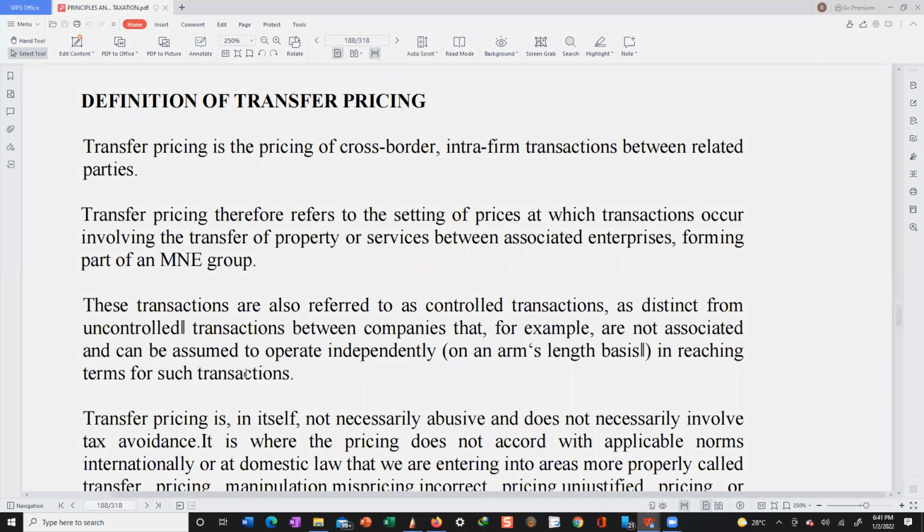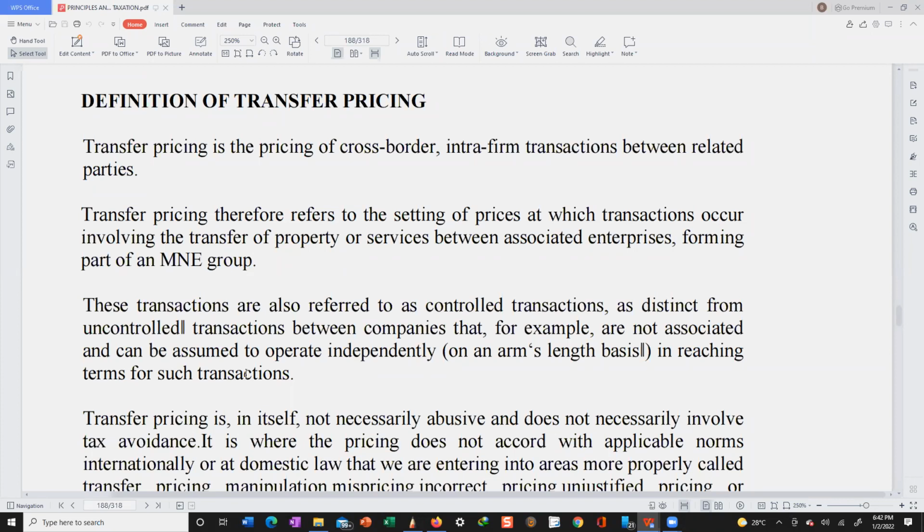And the price between persons who don't know themselves or persons operating independently is what we call the arm's length price. And the arm's length price is the focus of our transfer pricing rules, that every transaction should be at arm's length, irrespective of whether it is between independent parties or between controlled persons. It should always be at arm's length.